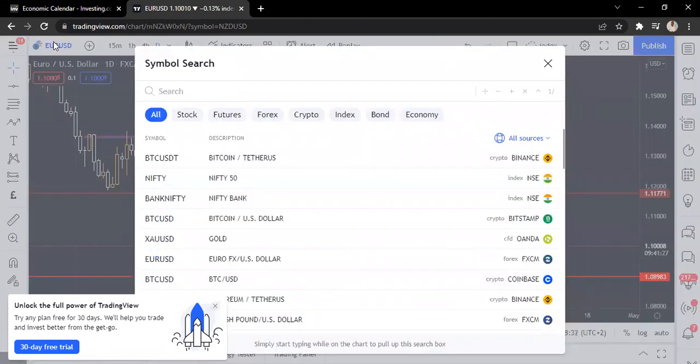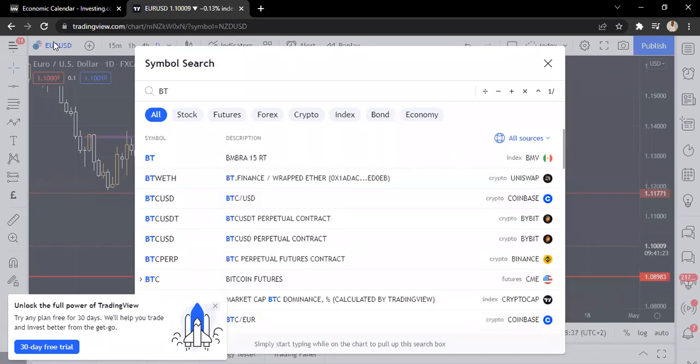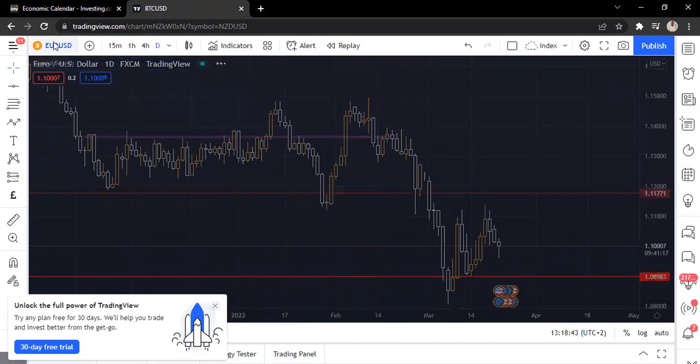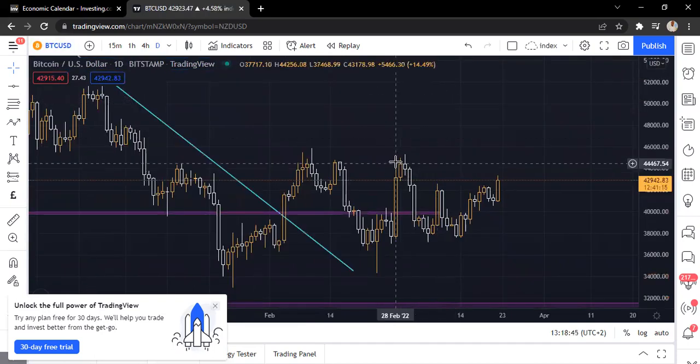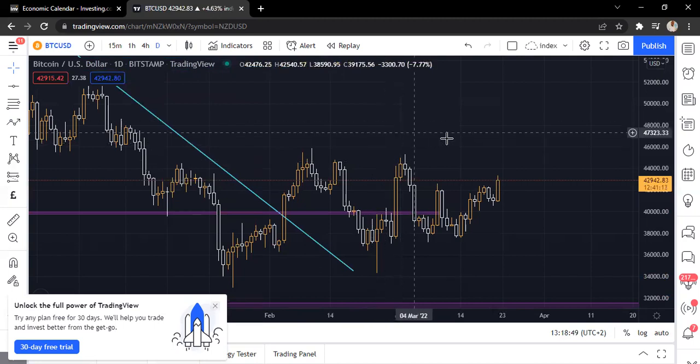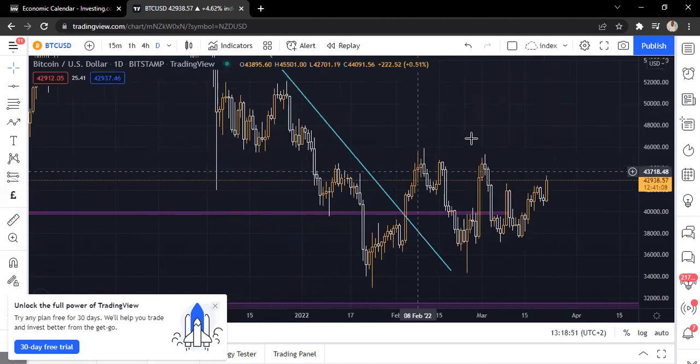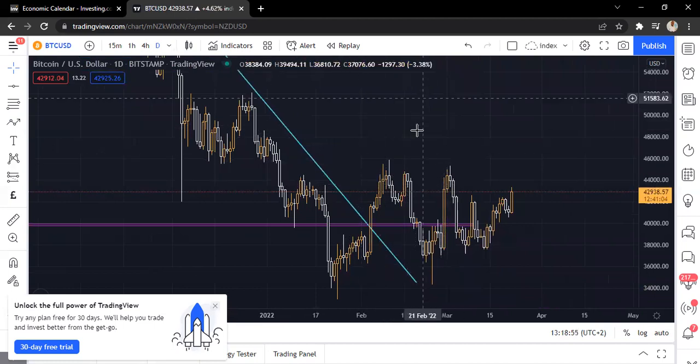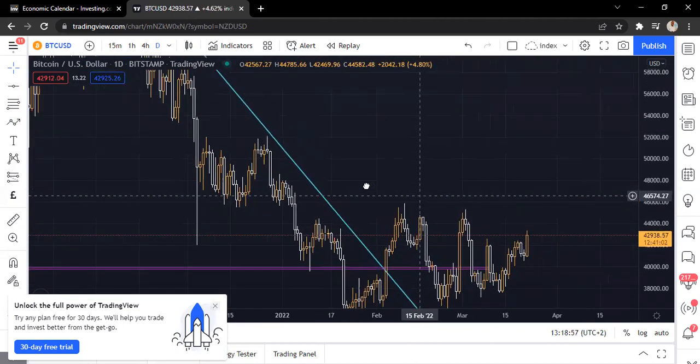I think BTC USD. I don't know why people are calling me BTC USD. I think this is a very beautiful chart at the moment, right?